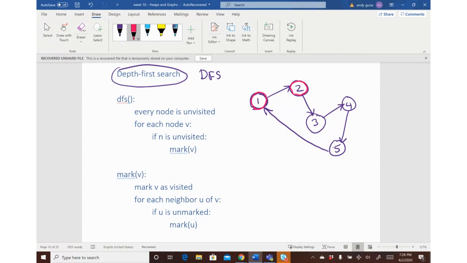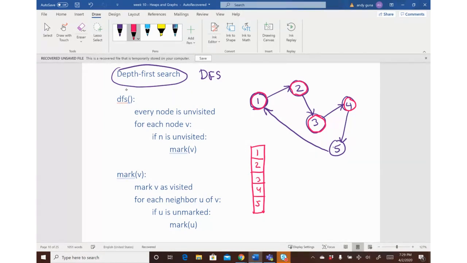When I go to 2, I will look around to see where I can go from 2. From the adjacency list, I might say, well, I can go to 3 from there. And then from 3, I will look around and see where I can go from 3. I can go to 4. In fact, if you draw the adjacency list representation of this, it might become more clear.